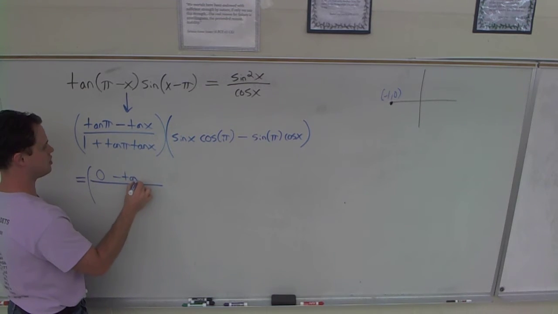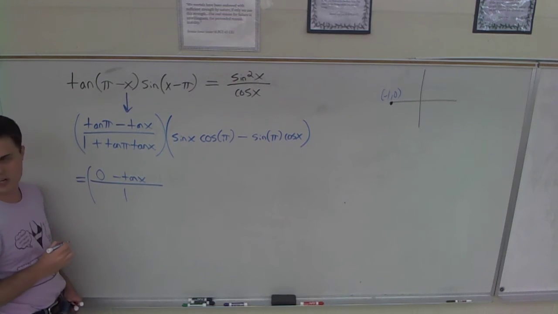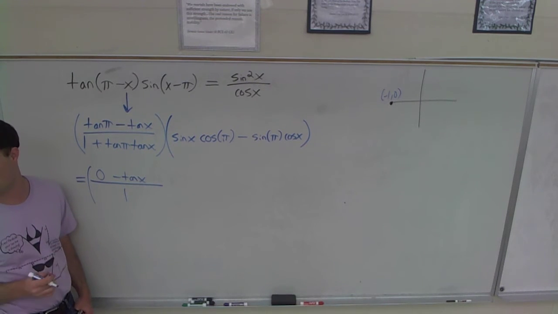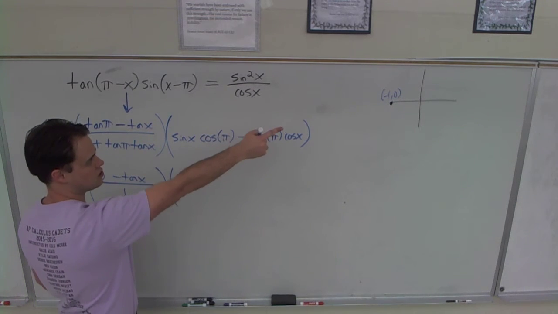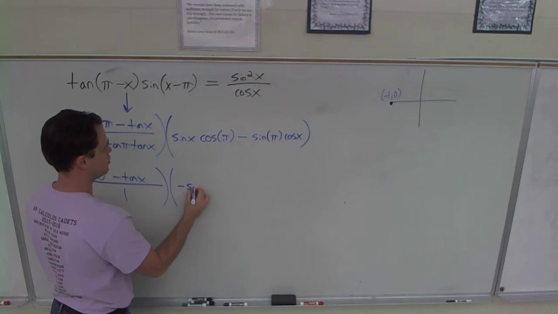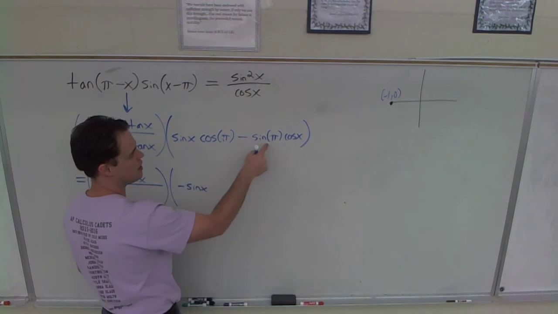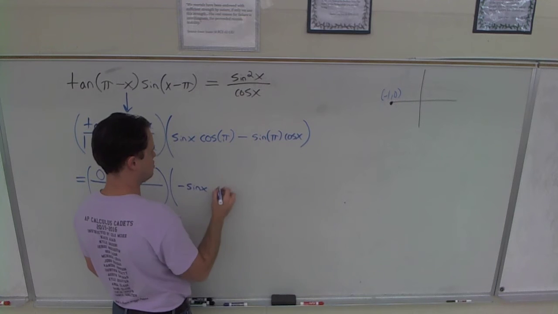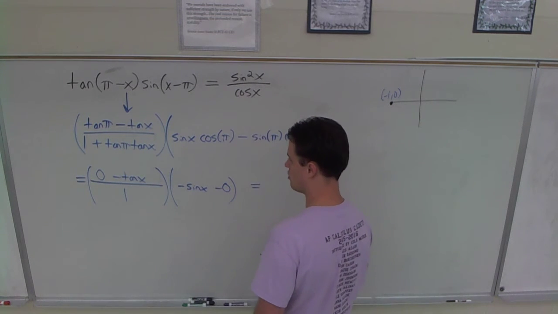This is going to be minus tangent. This is going to be 0, so gone, over 1. Oh, that just got simpler. Here, cosine is negative 1. So that's going to be negative 1. Sine is 0, which makes that whole thing 0. Oh, so this is, go ahead, Derek.